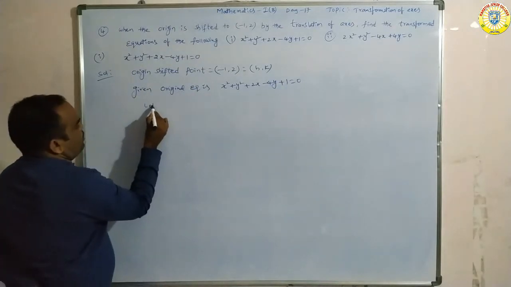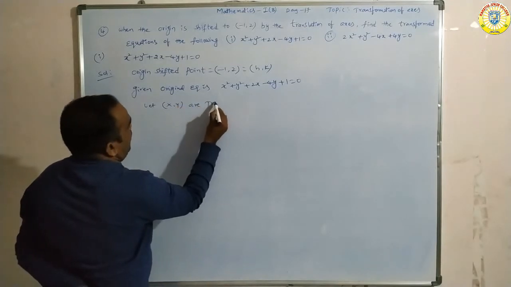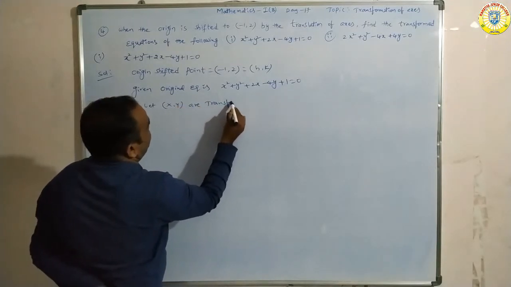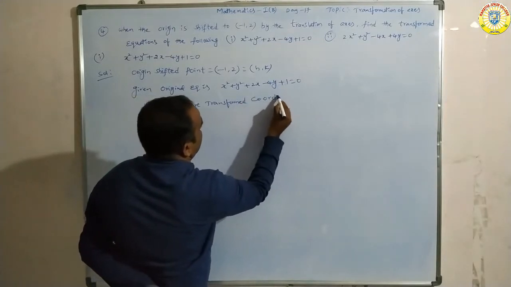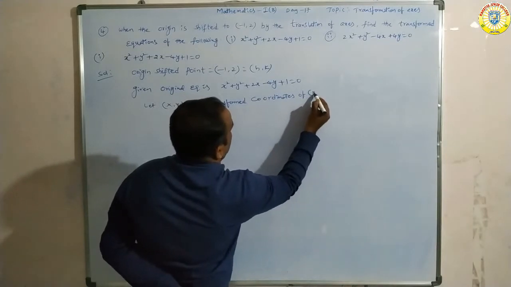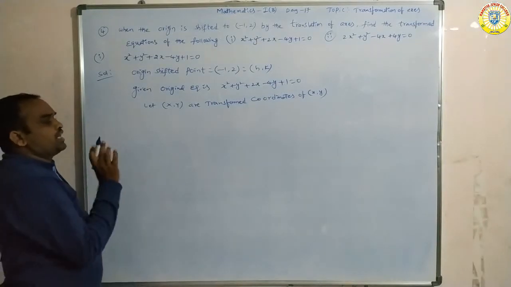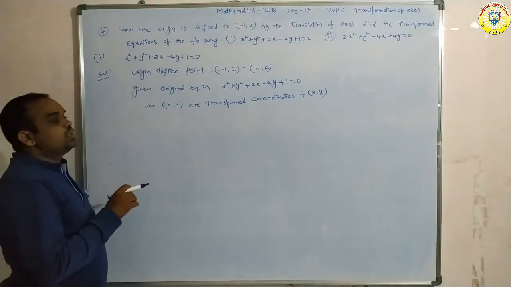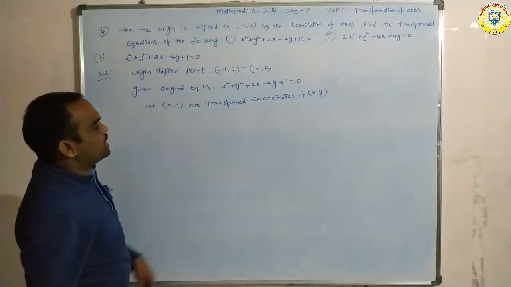Here let capital X comma capital Y be the transformed coordinates, and small x comma small y the original coordinates. Here we have the relation between the transformed coordinates and the original coordinates. The origin shifted point is (h, k).